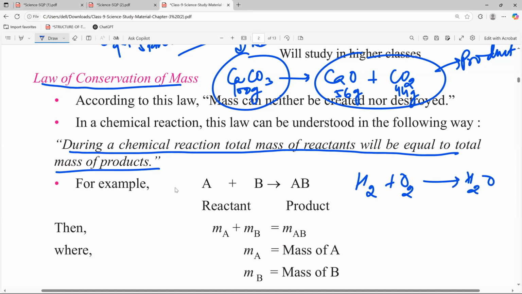So this is the reactant side and this is the product side. Product is always after the arrow. And if you pass electricity through H2O, it will give you again H2 plus O2. So it is not necessary that you will have more than one reactant. You can have only a single reactant.